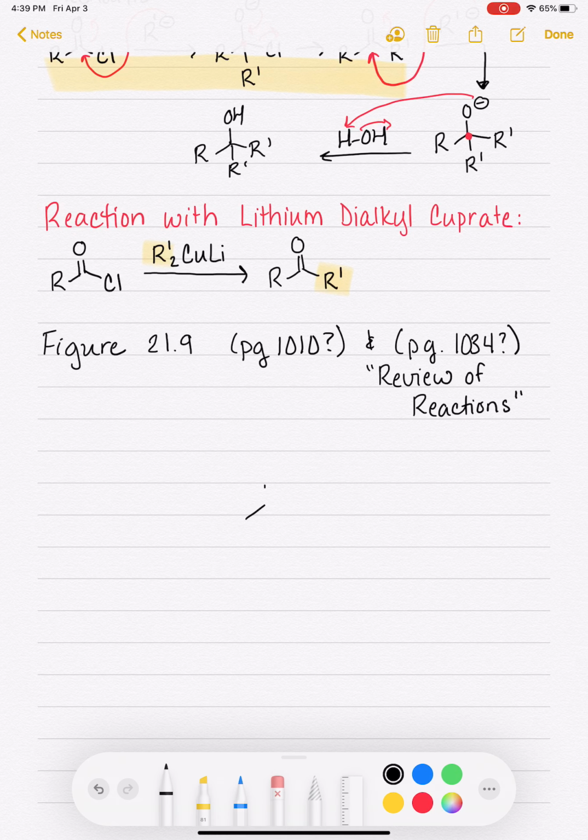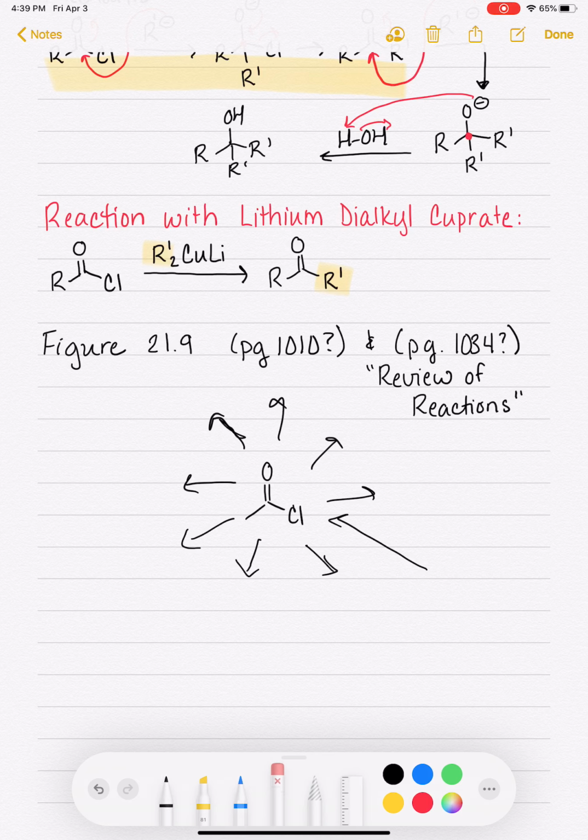So it's got an acid chloride in the middle, and then it's got 7 million reactions coming off of it of every single thing that the acid chlorides do. And it also includes reactions to make acid chloride. So it has everything on it. And this is a great resource for doing problems that involve reactions of acid chlorides.